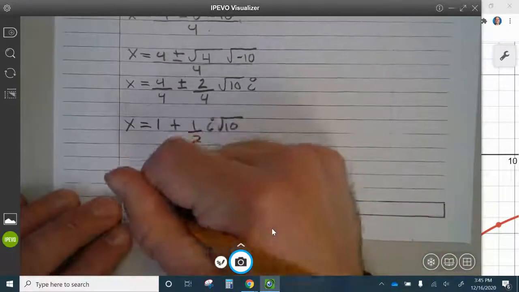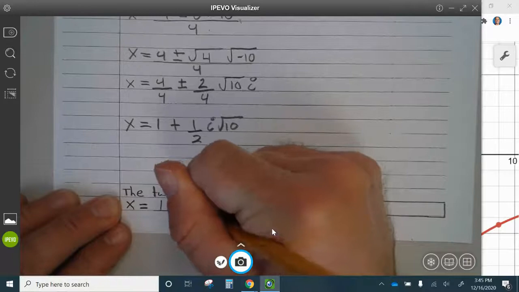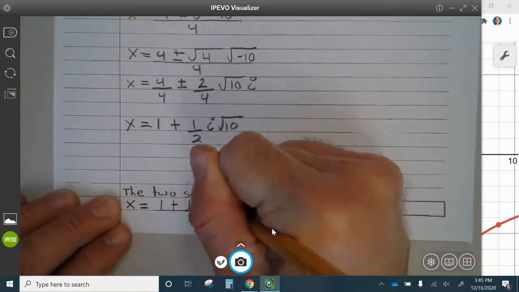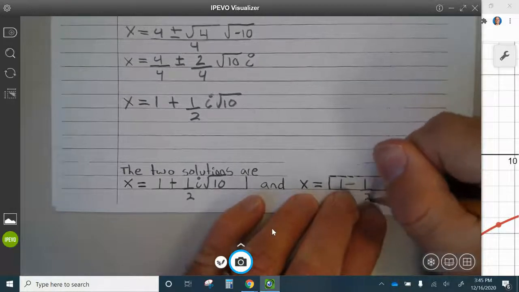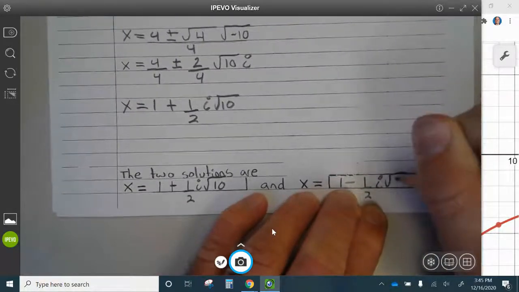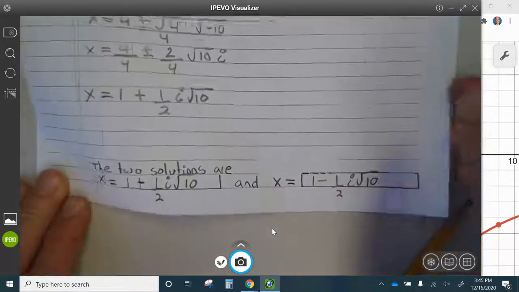Okay, so then that's 1 plus 1 divided by 2 i square root of 10 and 1 minus 1 divided by 2 i square root of 10. All right, let's take a look at the next question.